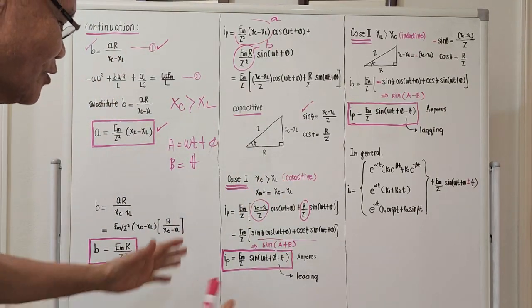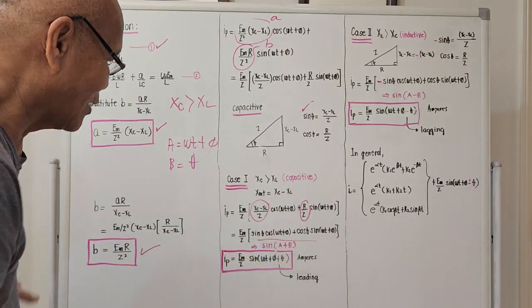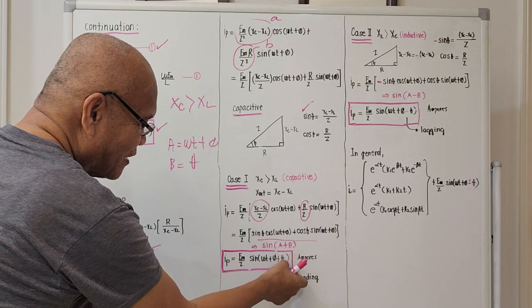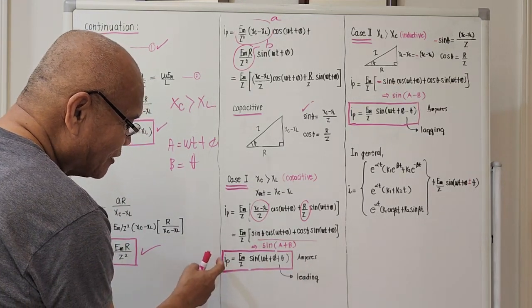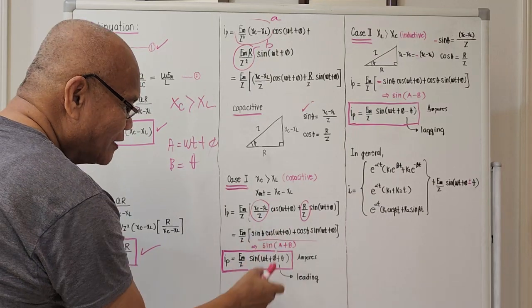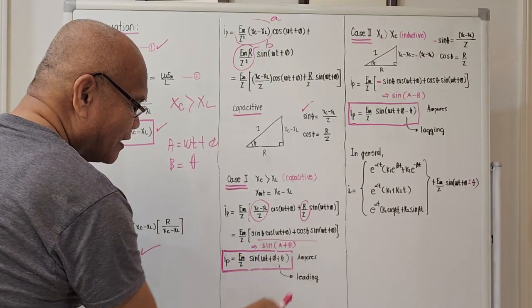So the compressed equivalent of this will now be sine of the quantity omega t plus angle P plus angle theta. That is, I particular for case number one will be E_m over Z sine of the quantity omega t plus angle P plus angle theta.